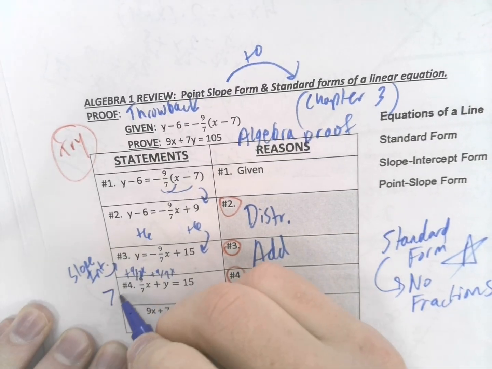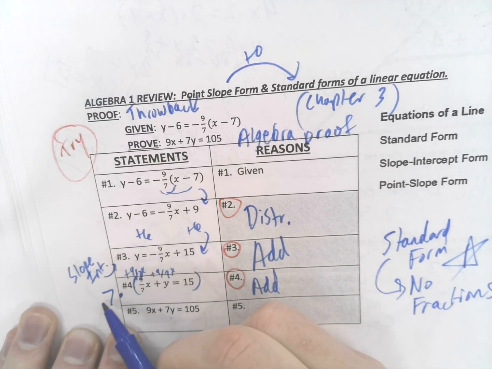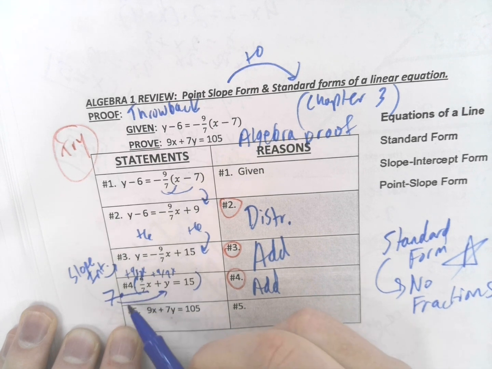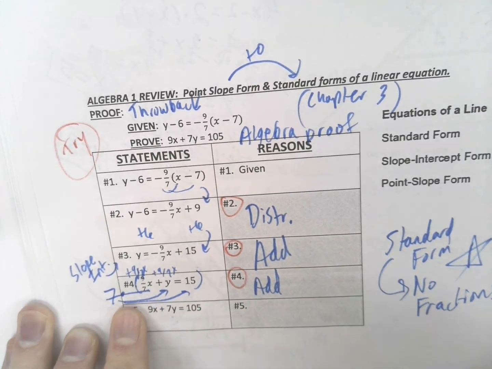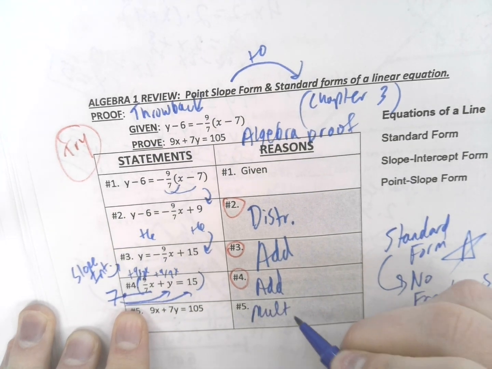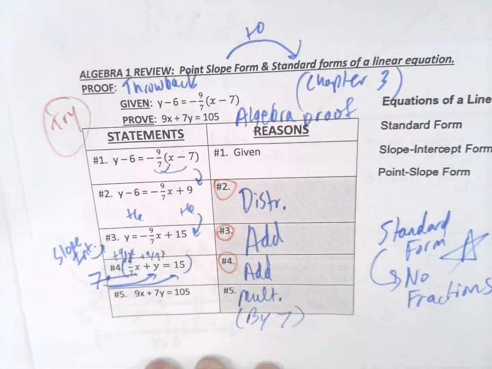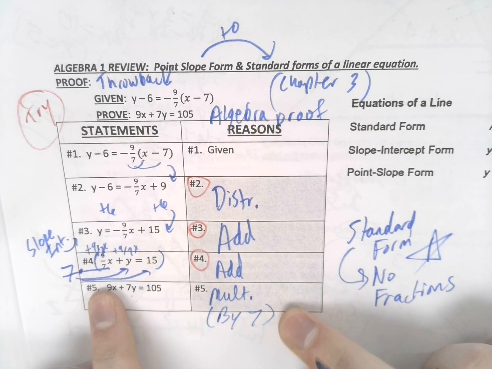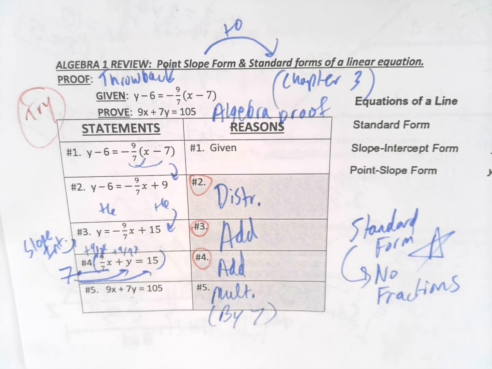Well, we multiplied this by the denominator. So 7's canceled, and then that 7 went to the y, and that 7 went to 15. So I would say we multiplied, and of course it was by 7. If you want to be specific there, multiplied by 7 to take care of the fraction.